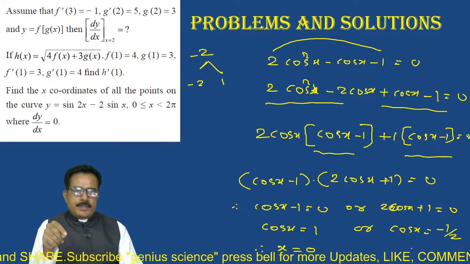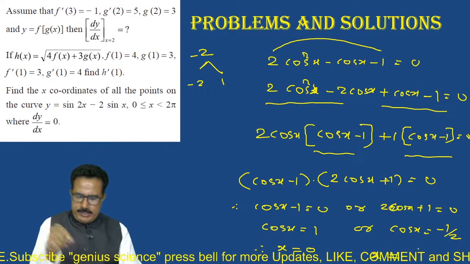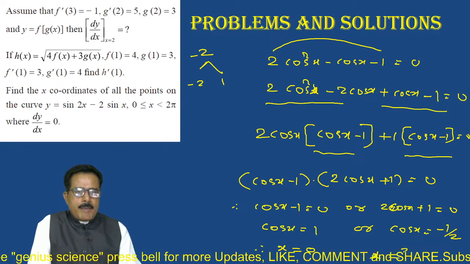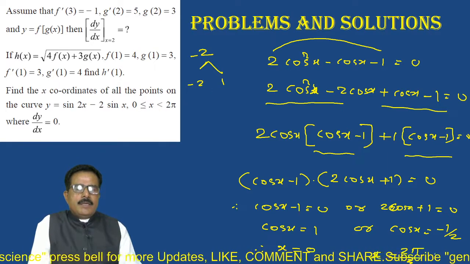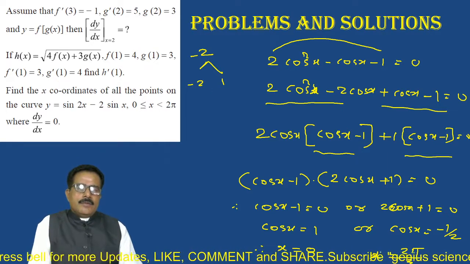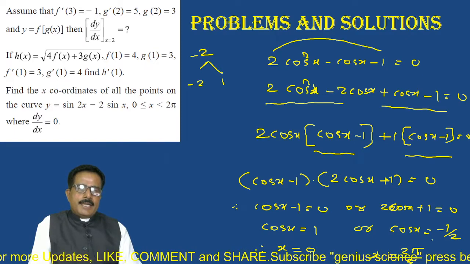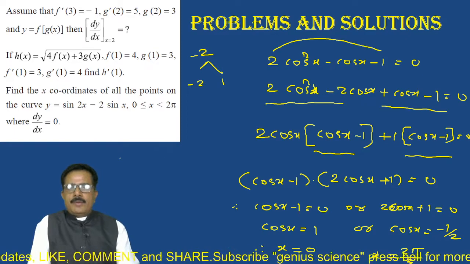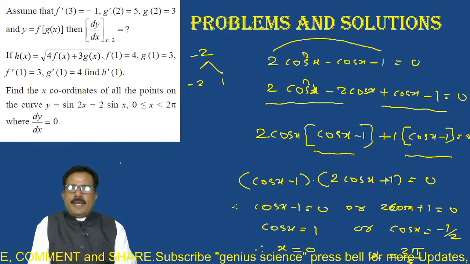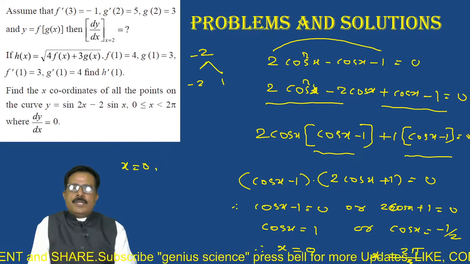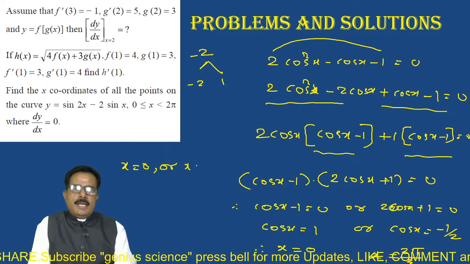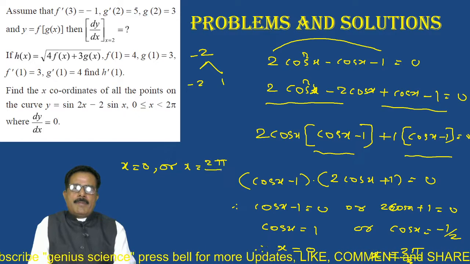Therefore, the value of x equals 2 pi by 3. For x equals 2 pi by 3, we get the result minus 1 by 2. Hence, the values of x are 0 or x equals 2 pi by 3.